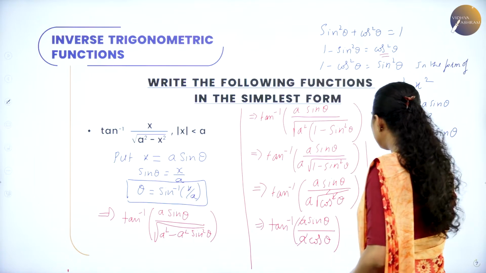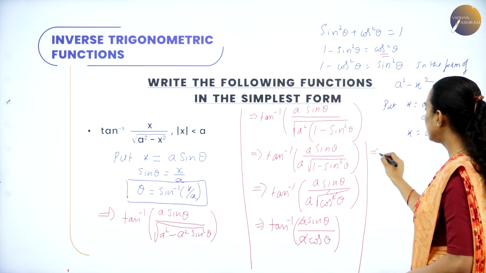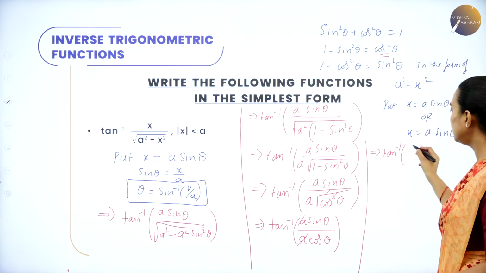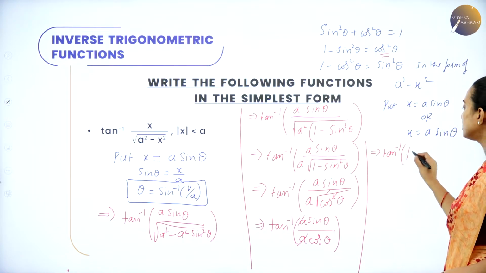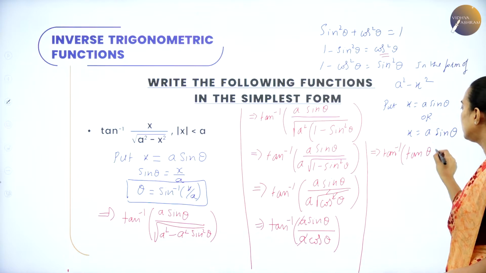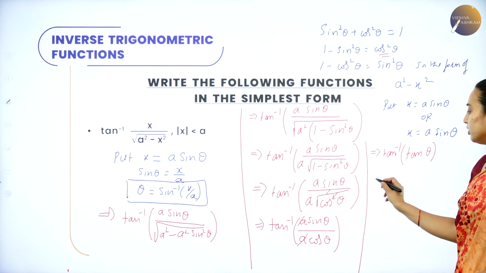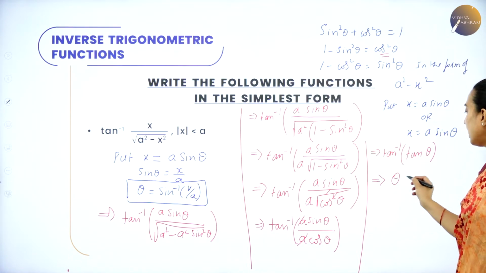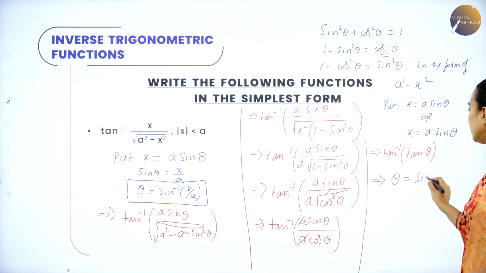So, which implies tan inverse of sin theta by cos theta. What is sin theta by cos theta? Tan theta. Now, tan inverse will go. You are going to remain with what? Theta. But what is theta? Sin inverse of x by a. That is your simplest form.